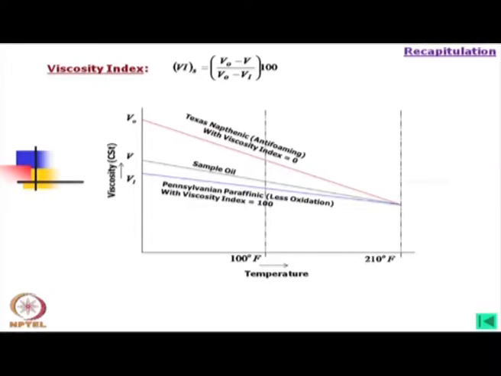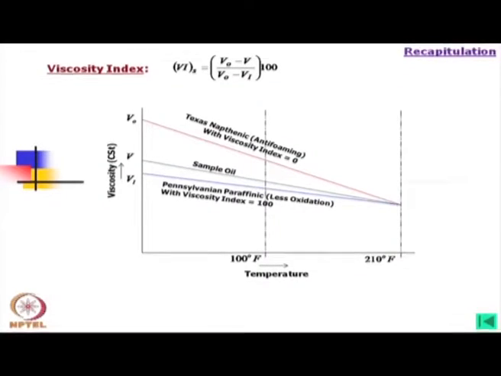This means the oil can be used within a short range of temperature. If the temperature range is small, we can go for such an oil with a poor viscosity index. But if we have to use the same oil over a wide temperature range, we should go for a very good viscosity index. You can see from this graph the sample oil which we are using.